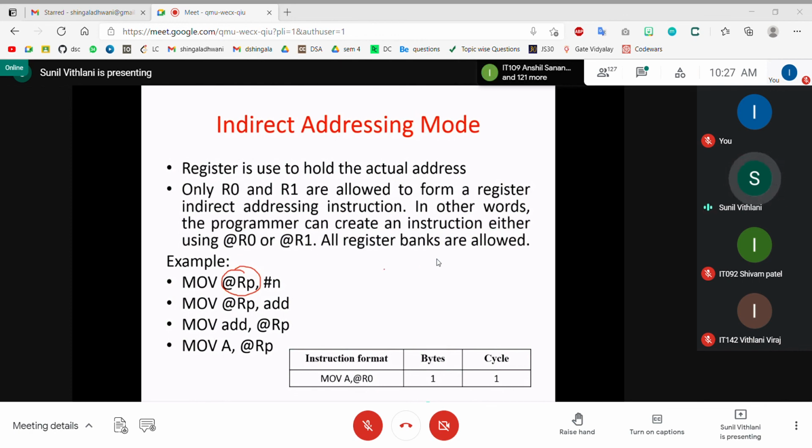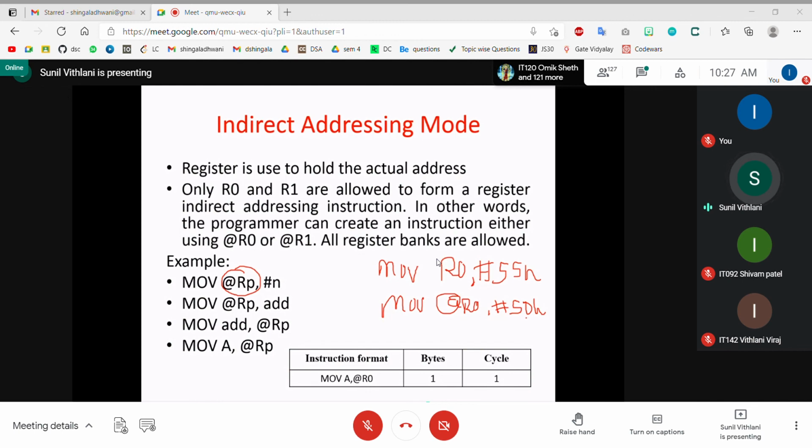So let's say that I have used over here, first of all, MOV R0, #55H. Now I am using this MOV @R0, #50, or any such value, कोई भी वैल्यू आप यहाँ पे कंसिडर कर सकते हो.